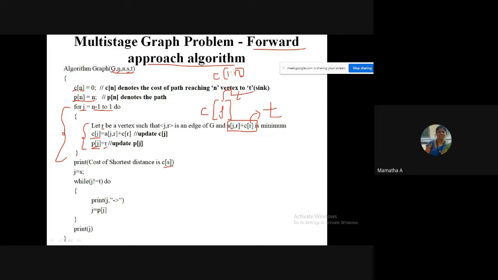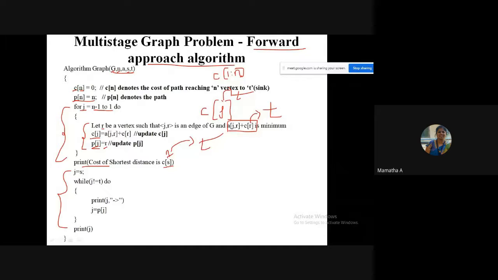C of the source node. And you all know your source node will be 1, that is C of 1. So C of 1 means what? The cost of reaching 1 to the sink node, that is T. Are you all getting? So this gives you the cost there. After that, you will have to print the path. So printing the path, I'll come back later.